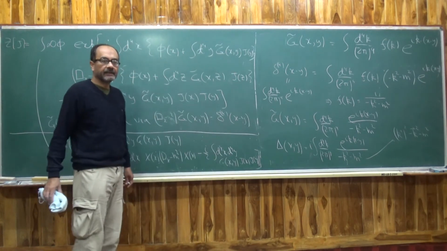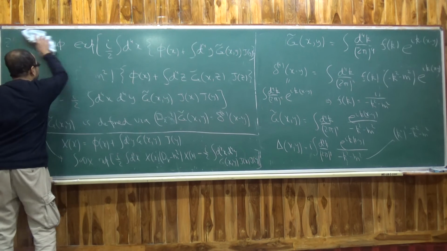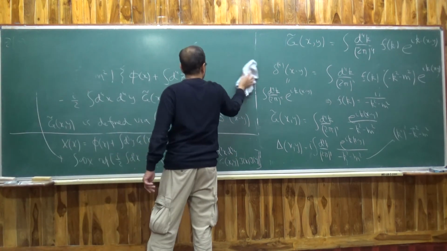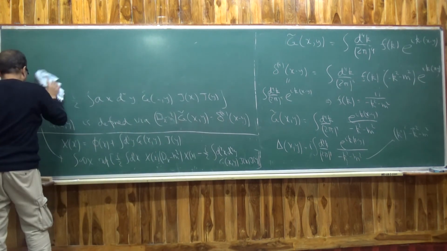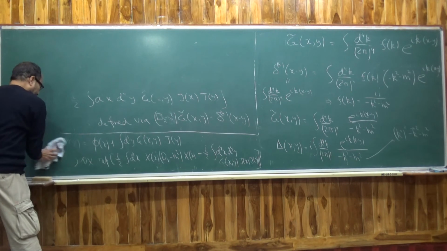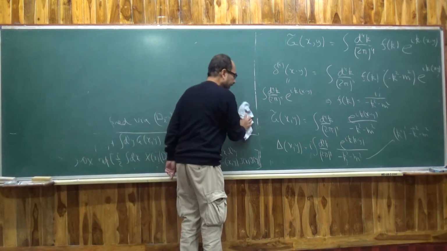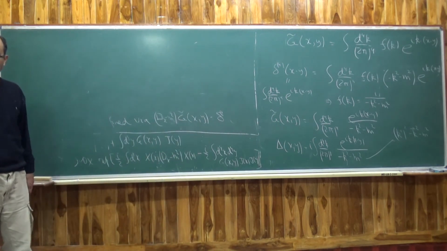Is this clear? To see what to do with these singularities, you have to remember that in this whole analysis we have ignored one subtle point that we discussed in detail yesterday, but today we forgot about it.